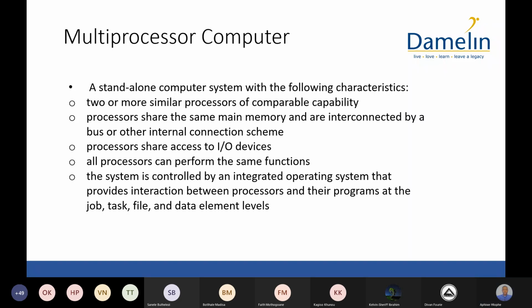Moving on to multi-processor computers now. Some computers, especially those used as servers, have the ability to house more than one CPU. So we have CPU 1, CPU 2, CPU 3, for example.